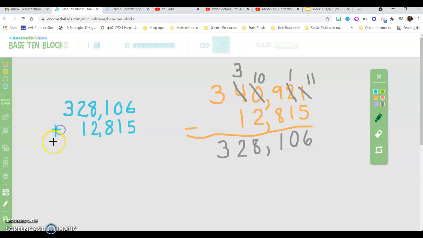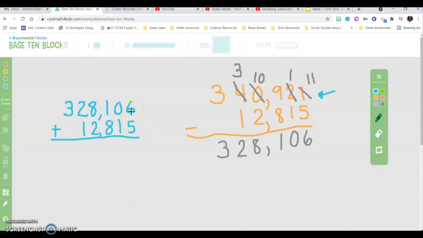When we are adding and subtracting, place value matters. So if I do this successfully, I should end up with this original number here of the 340,000.